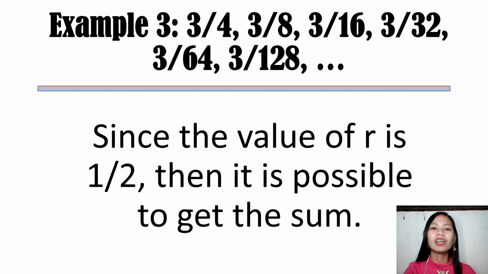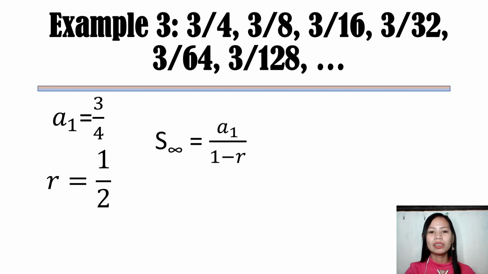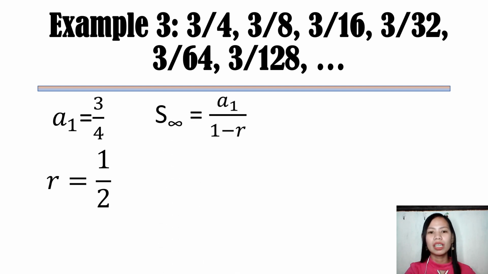So let us solve for the sum of this infinite geometric sequence. Okay, so let us identify the given. We have A sub 1 is 3/4, and then the common ratio is 1/2. So let us use the formula S sub infinity equals A sub 1 over 1 minus r. So by substitution, we have 3/4 over 1 minus 1/2.